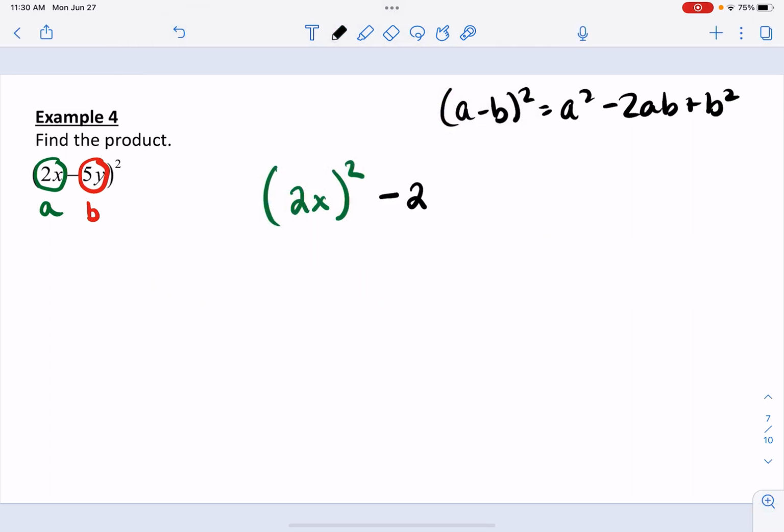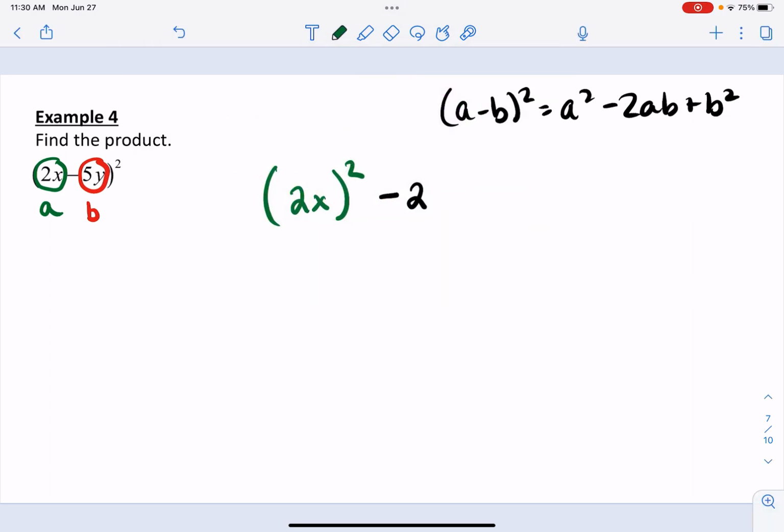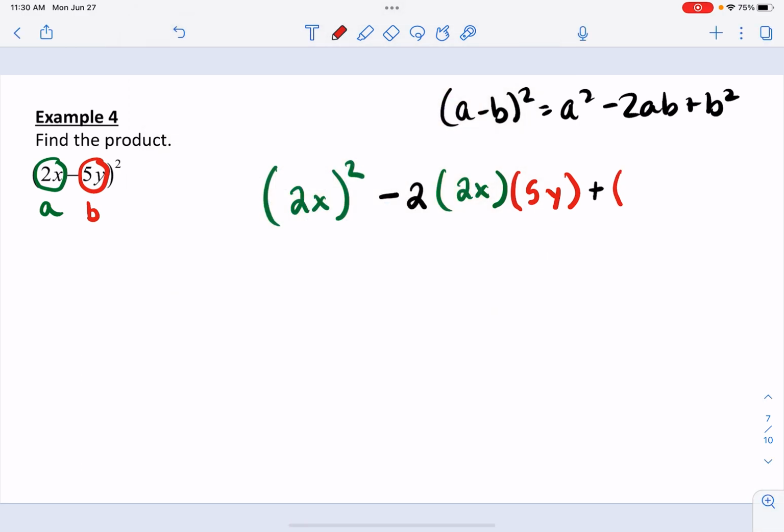Minus 2 times A, which in this case is 2x, times B, which is 5y, plus b squared.